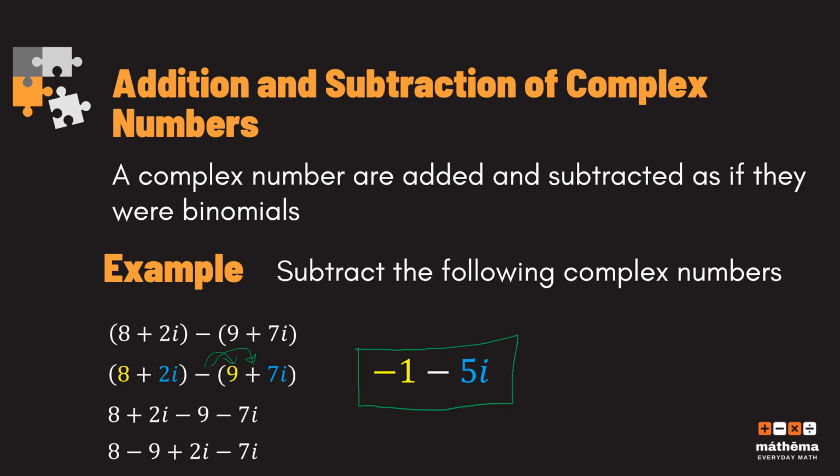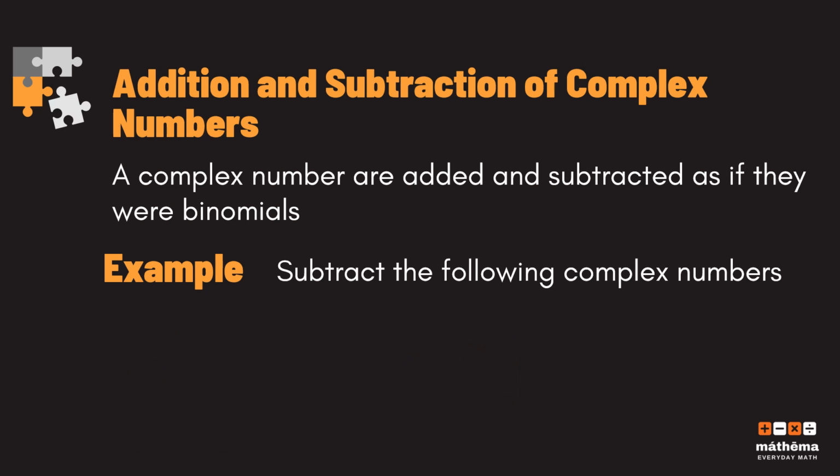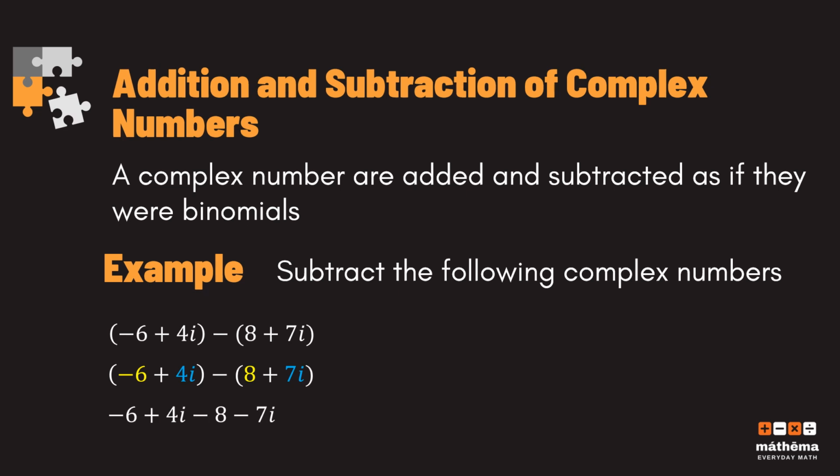Alright. Next. Again, subtract the following complex numbers. The quantity of negative 6 plus 4i minus the quantity of 8 plus 7i. So again, identify our real and imaginary parts. And then we are going to distribute our negative sign. A negative times positive 8 is negative 8.